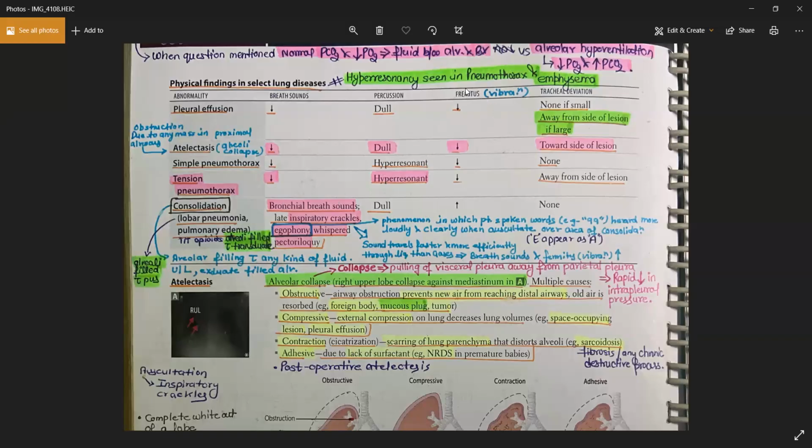Now comes fremitus, that means the vibrations. In case of pleural effusion, the vibrations will be decreased because of the fluid present.